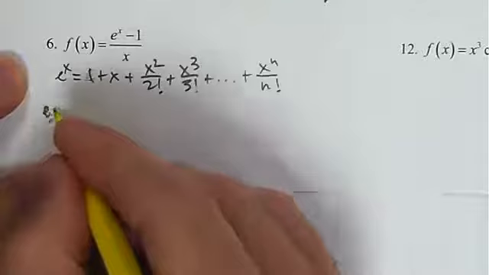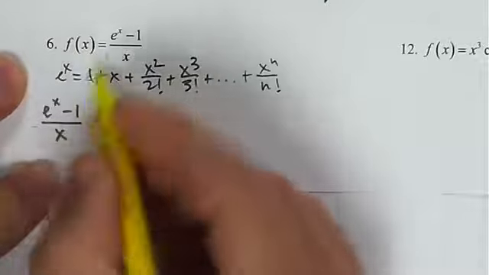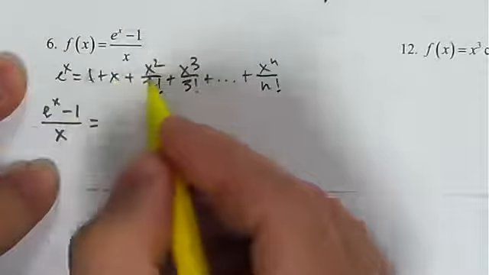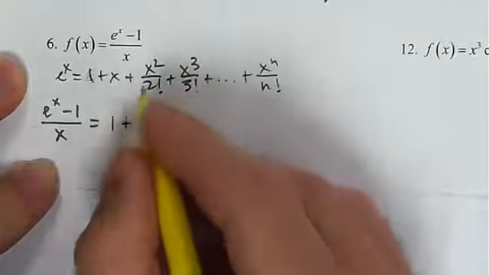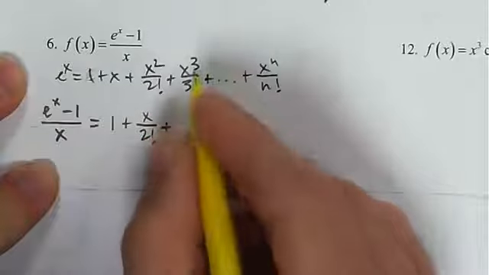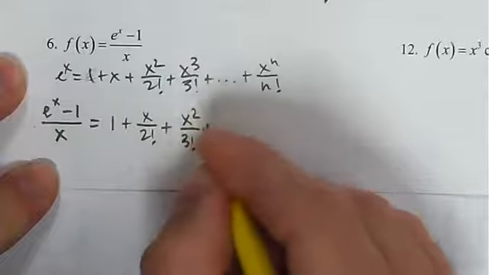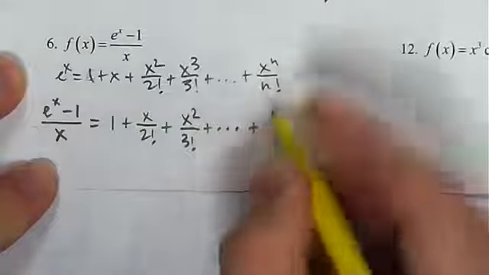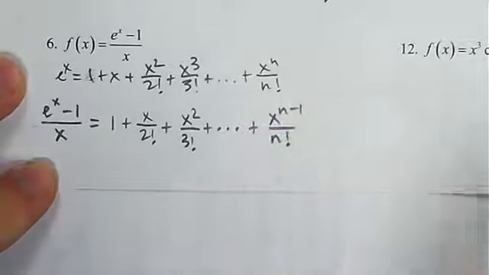So that thing's gone. I'm going to take all of these terms and divide them by x. So x divided by x is 1. x squared divided by x is x. x to the 3 divided by x is x to the 2. And from each term I'm losing 1 power of x, and the factorial number stayed the same.